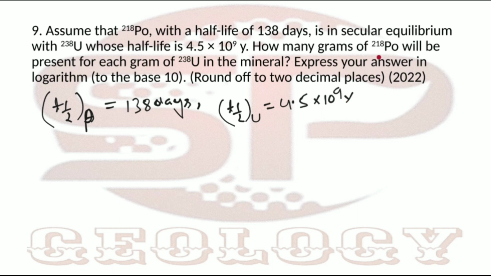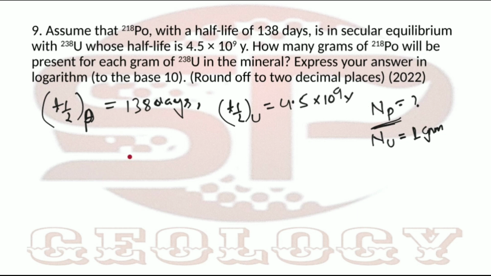So how many grams of polonium 218? That means NP will be calculated for each gram of uranium 238. For 1 gram of uranium, what will be the value of polonium?